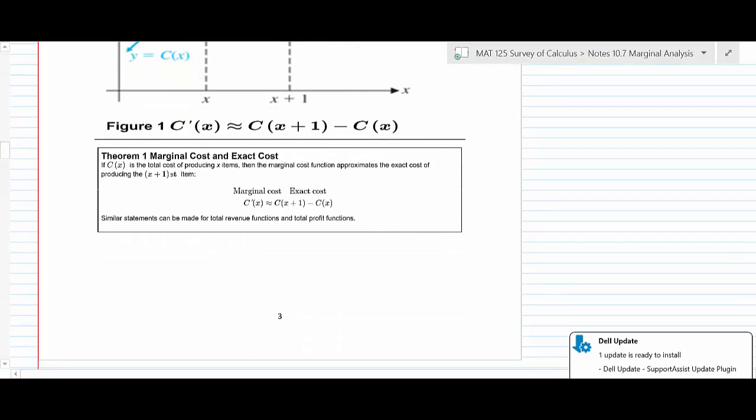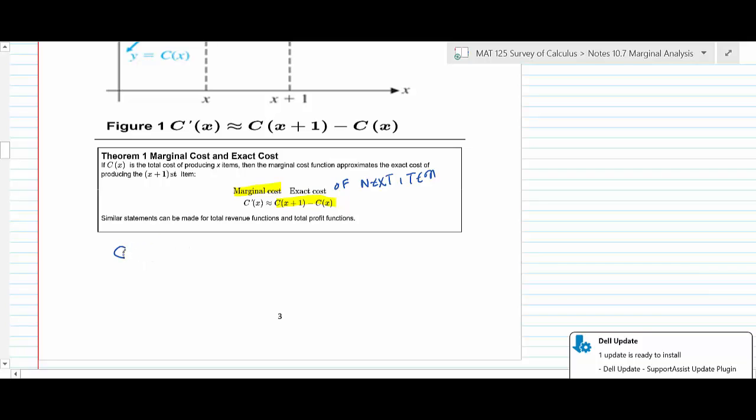So that's what we looked at: the marginal cost is an approximator of the exact cost of the next item. You might want to write "of next item." That's a good thing to put there. Sometimes students get that backwards. Let's write one more example like this.